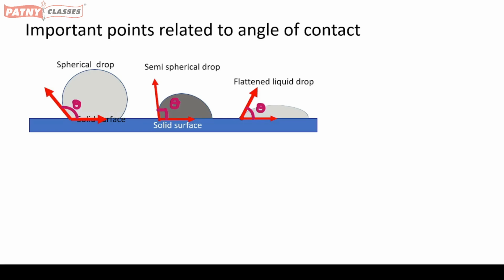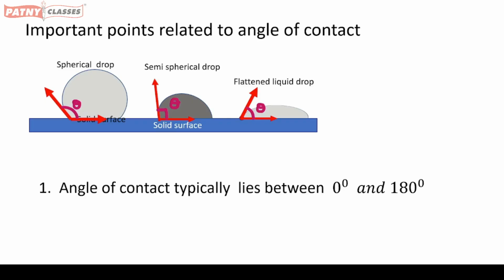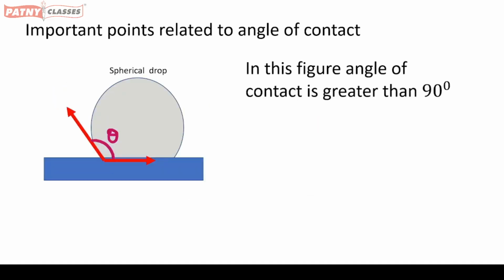Now some important points related to angle of contact. Angle of contact typically lies between 0 degrees and 180 degrees. In this figure, angle of contact is greater than 90 degrees and less than 180 degrees.